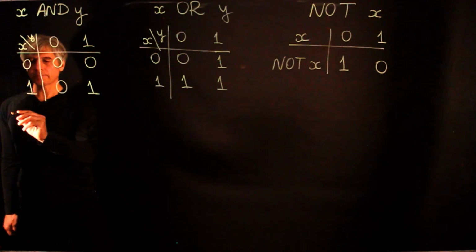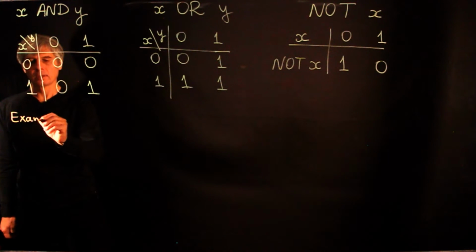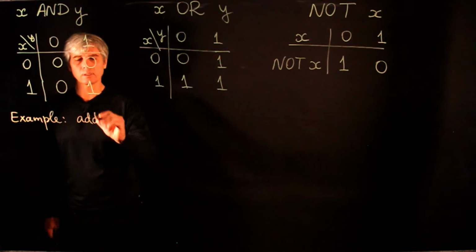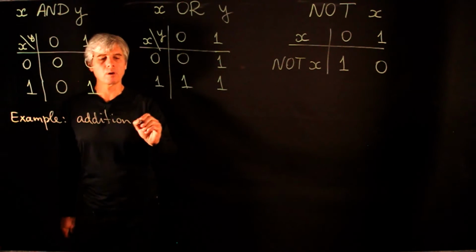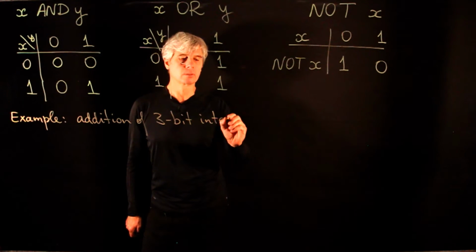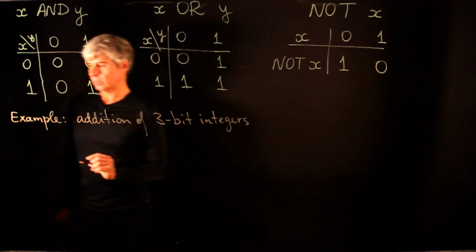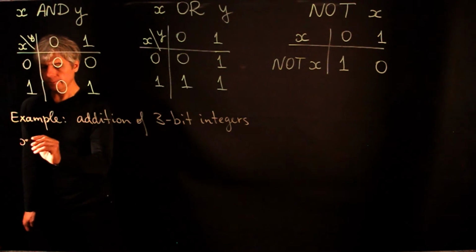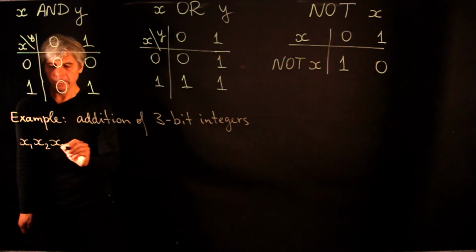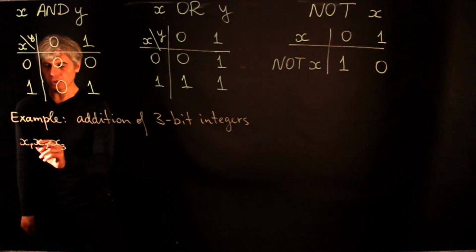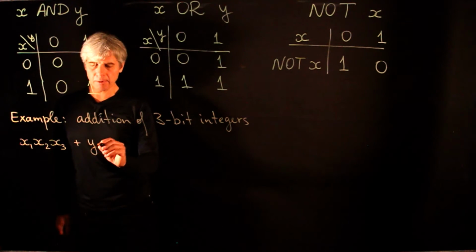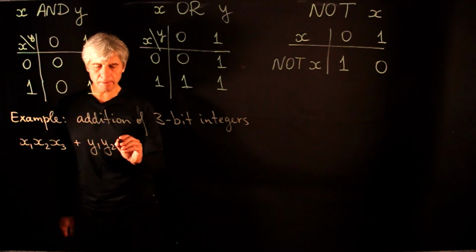So let us consider the following example. So let's look at addition of 3-bit integers. So suppose we have two 3-bit integers, where we denote the bits of the first integer x1, x2, x3, plus another 3-bit integer y1, y2, y3.